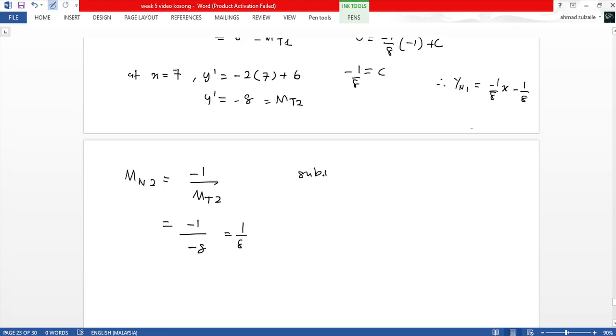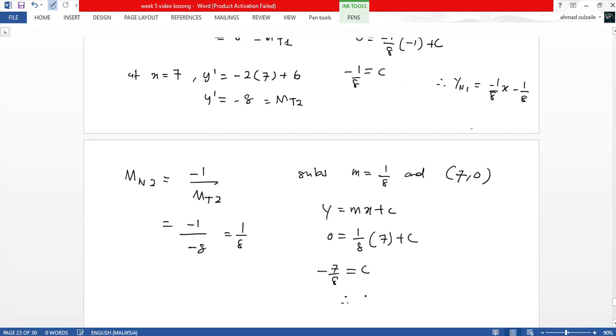So substitute m equal to 1 over 8 and the point of 7, 0, okay, into y equal to mx plus c. So 0, m kita 1 over 8, this is 7 plus c. So you have c equal to negative 7 over 8. Therefore, y normal number 2 equal to 1 over 8x minus 7 over 8.